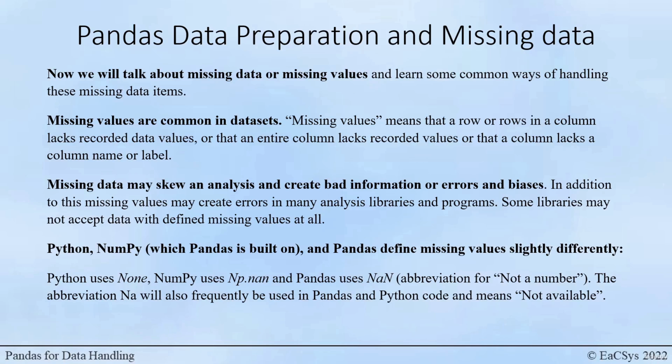Sometimes you will have a key but no values or data, and sometimes you will have a key and some data but not all data. And sometimes you will have the full or partial data but no key. These are the main types of missing values, and just as with duplicates, the missing values may skew the analysis and create errors or biases, but usually in the other direction of error than the duplicates.